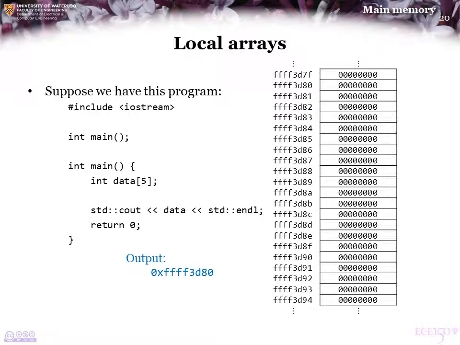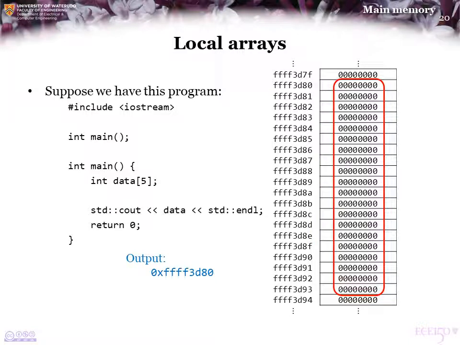Basically, what this means is that somewhere in main memory, specifically right here, that is the address corresponding to the first byte of the 20 bytes required to store this array of capacity 5.